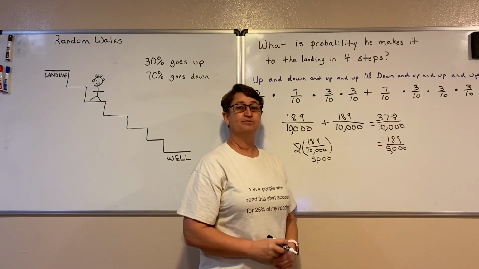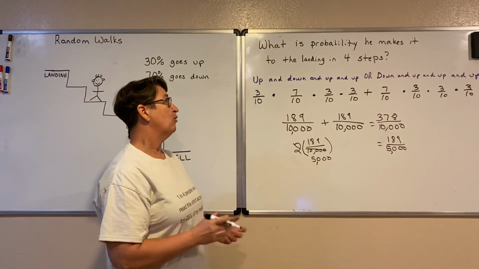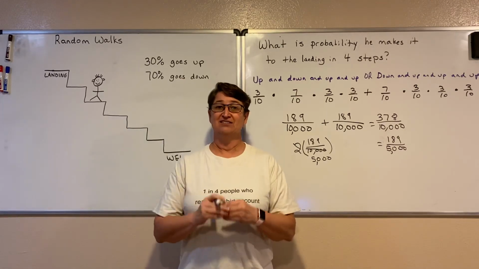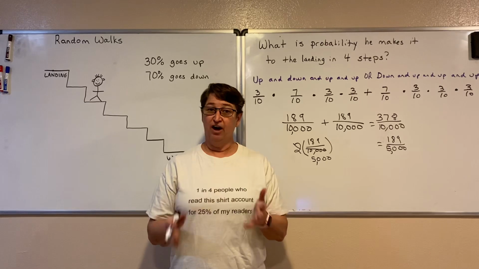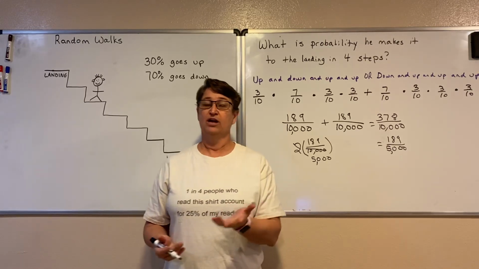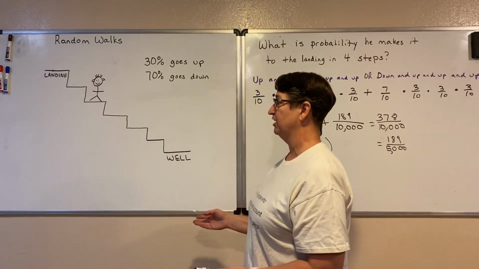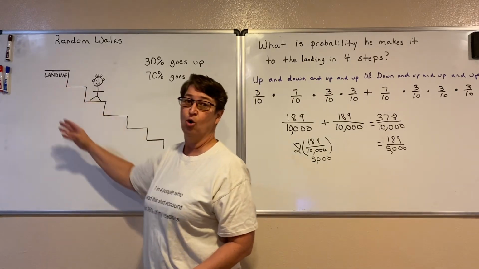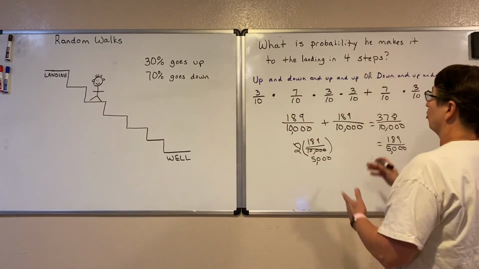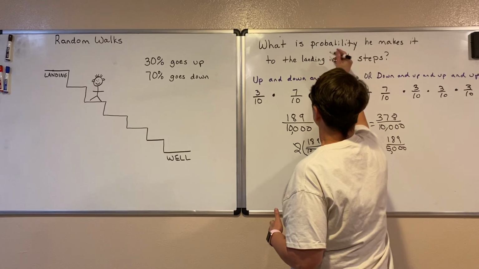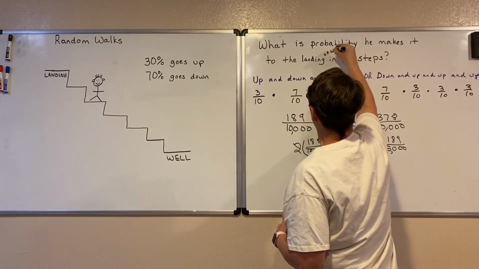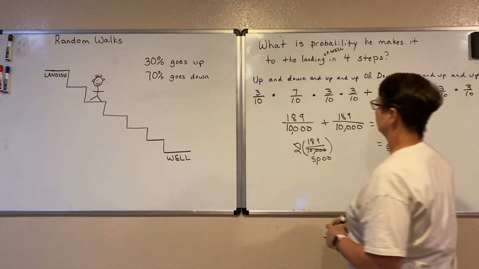So if I wanted to know what's the probability that his exercise would be done in 4 steps, well, for his exercise to be done in 4 steps, he would have to make it to the landing or to the well. So what's the probability he makes it to the landing or the well in 4 steps?